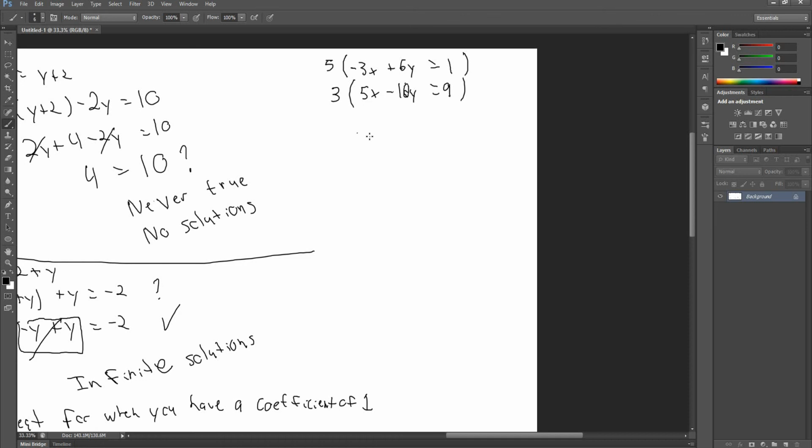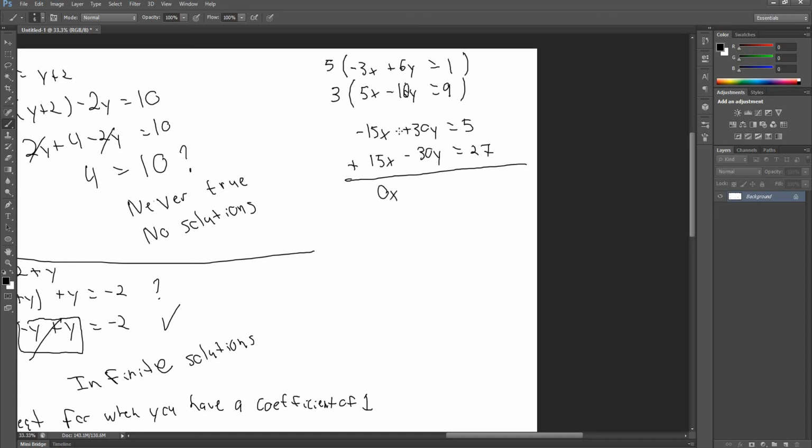So my new equations are negative 15x plus 30y equals 5. And then it's going to be positive 15x minus 30y is equal to 27. You might already be looking at this and going, oh, we're actually going to be canceling two terms because I've got a pair of opposites.